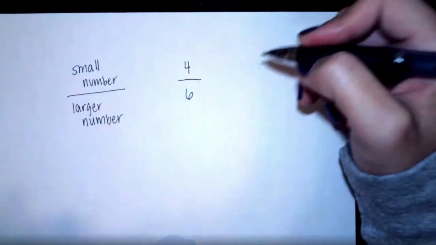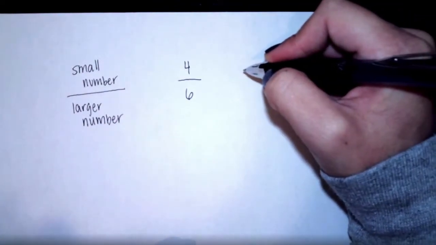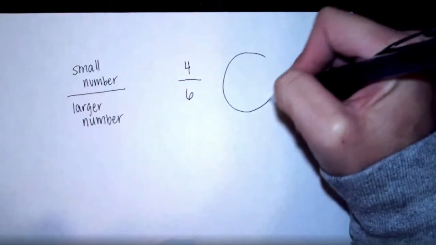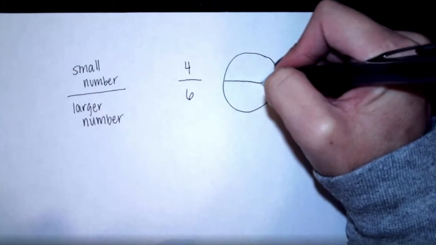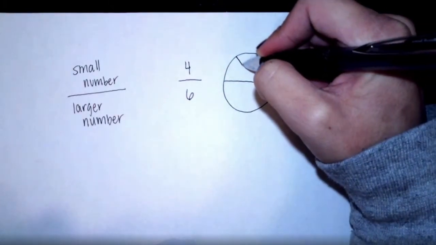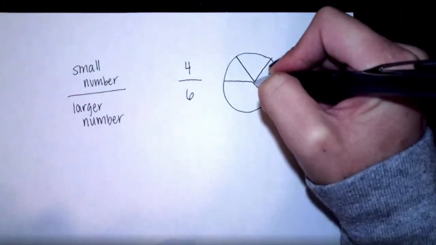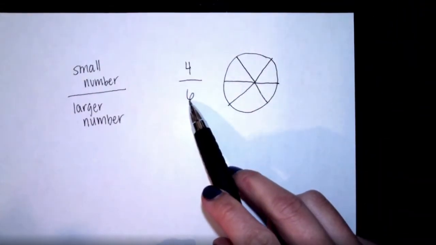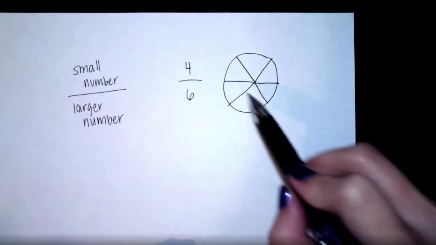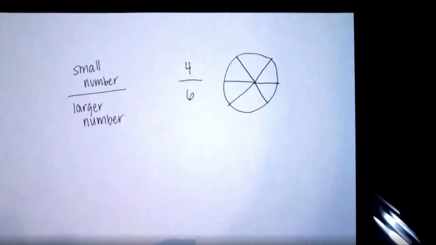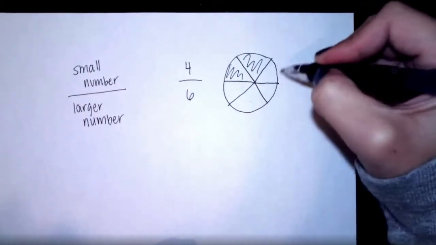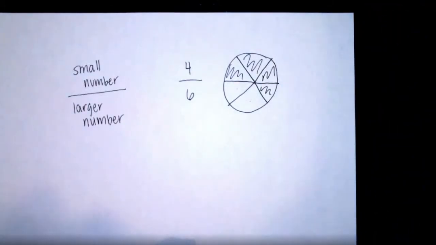So you would want to draw a shape, and I'm going to use a circle. Okay, so my circle has 6 parts, and I know that because of my denominator, 1, 2, 3, 4, 5, 6. And then I'm going to need to color in 4 of those. 1, 2, 3, 4.